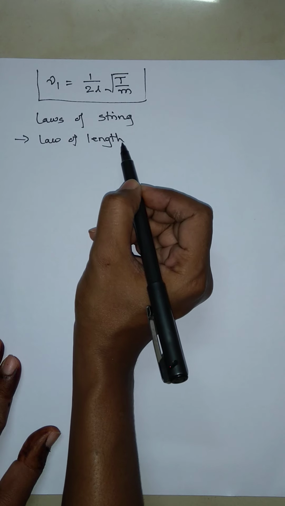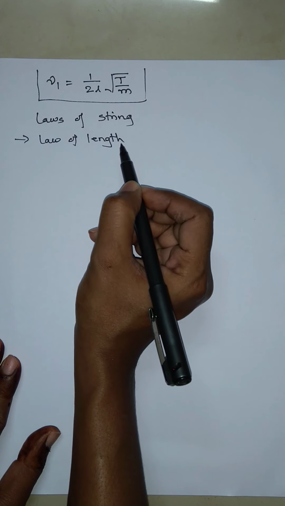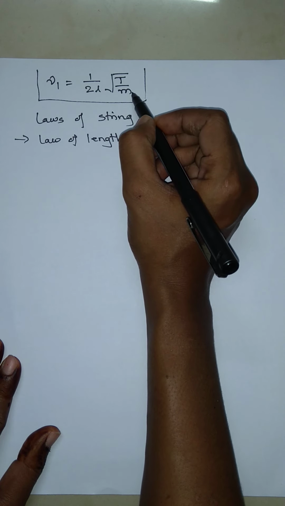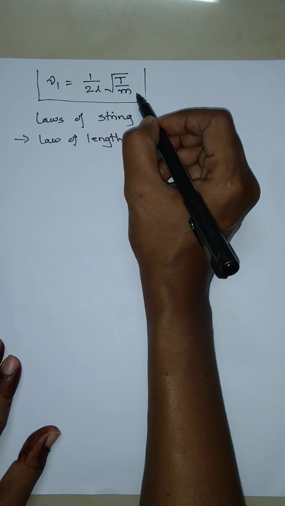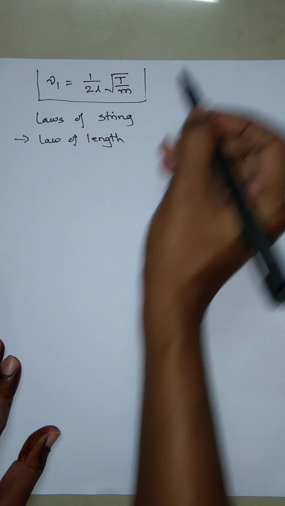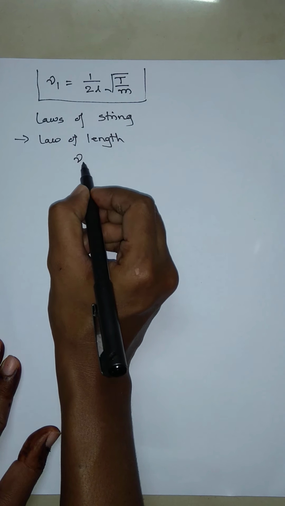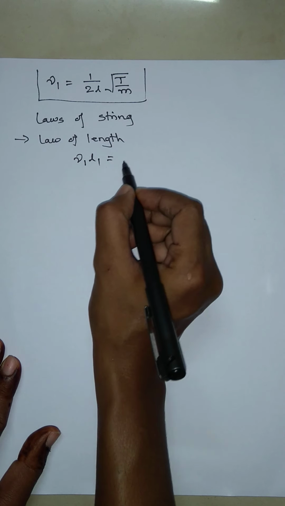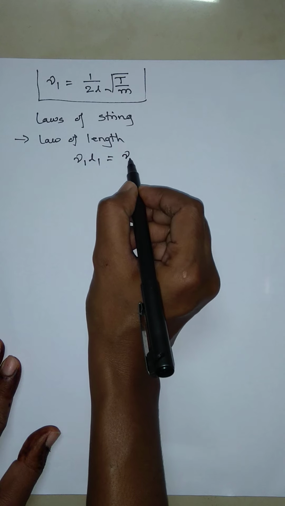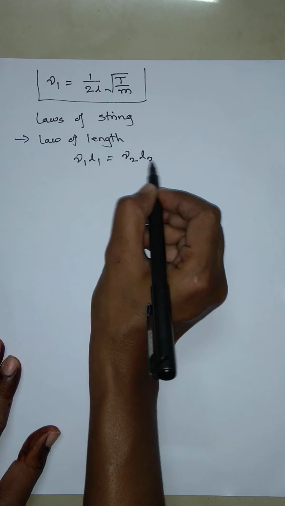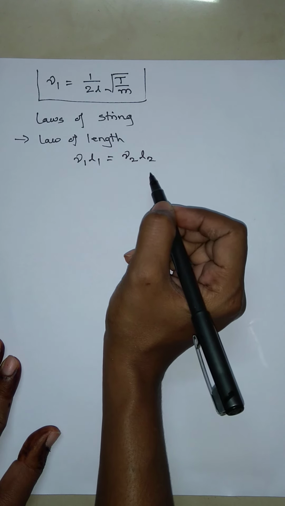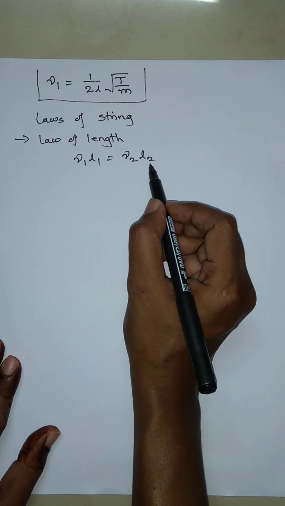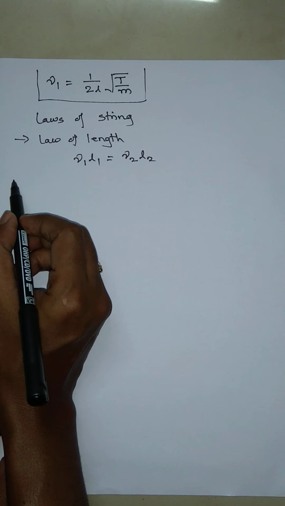Law of length says that if tension in the string is constant and moment of inertia of the string is constant, then the product of frequency and length of the string remains constant, so that we can write down nu1 L1 equals nu2 L2. This is the law of length.